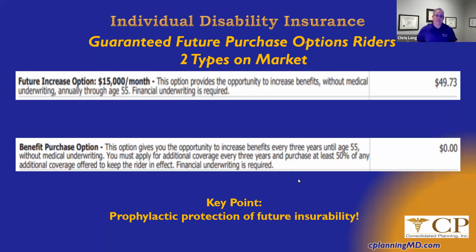So what happens with most people is you get out, you increase your coverage, and then you're typically maxed out. And so every 3 years, you may have to complete an application, but if your income isn't increasing substantially, then you're probably not eligible for any more.